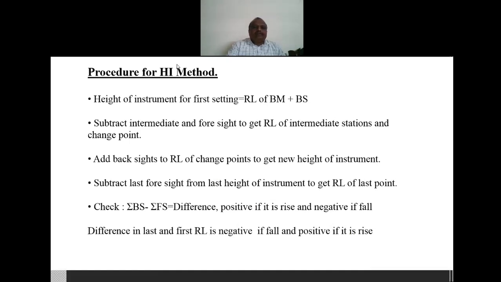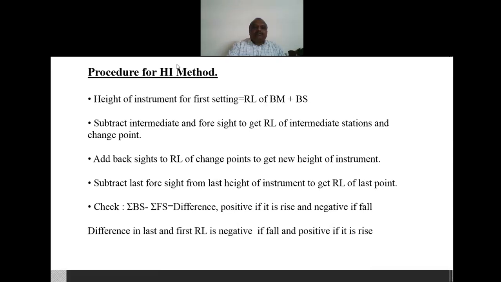Height of instrument is equal to the RL of the benchmark, that is the known RL, plus backsight. The second step is to subtract the intermediate sight and foresight from the HI, the height of instrument, to get the RL of intermediate stations and change points. The third step is to add the backsight to the RL of the change point to get the new height of instrument, if any change point is taken.